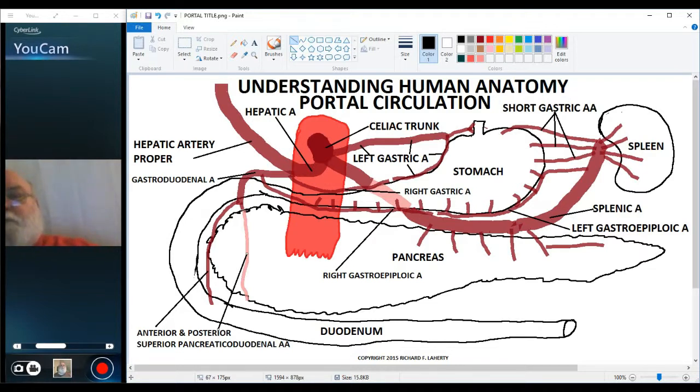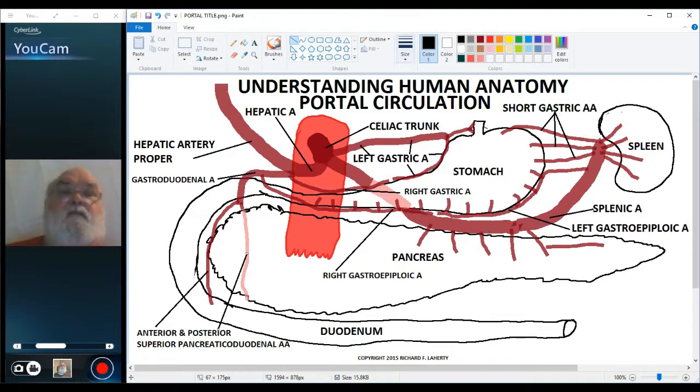Now, as the name implies, there is an anterior and posterior inferior pancreatico-duodenal arteries that will then supply also the head of the pancreas and the duodenum, and the superior and inferior arteries of the same names will anastomose end to end.